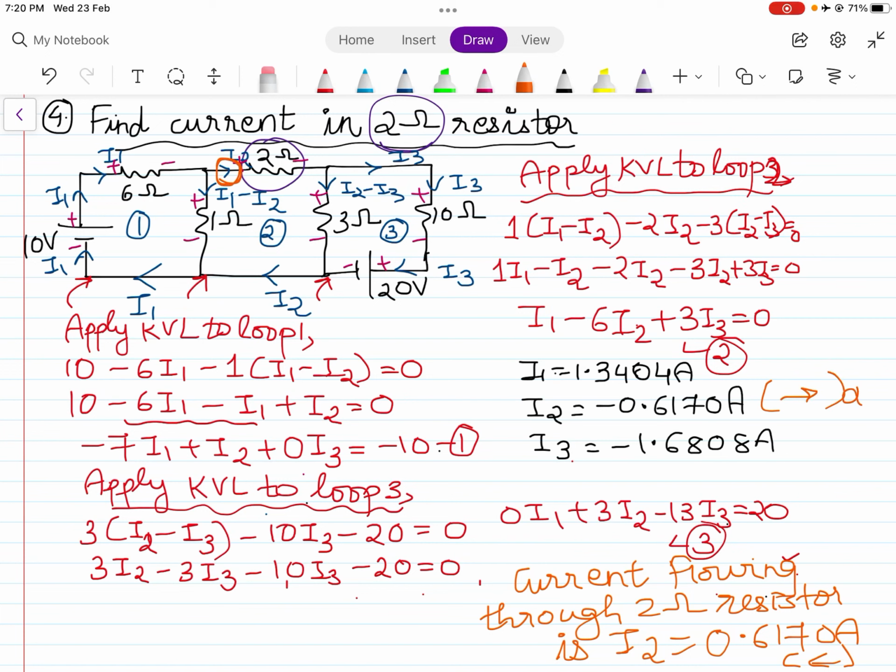But current is not flowing in the right direction, current is flowing in the left direction. Answer is positive and current flows in the left direction. Answer is negative, my assumption for current is wrong. The assumption for current is wrong. So answer should be always positive.